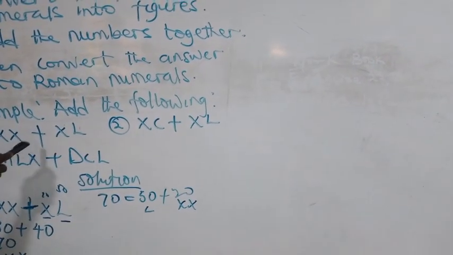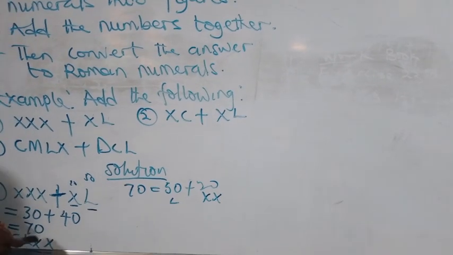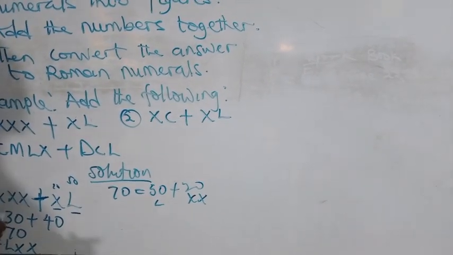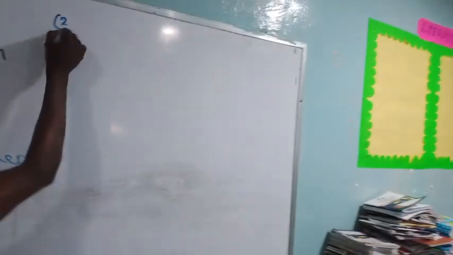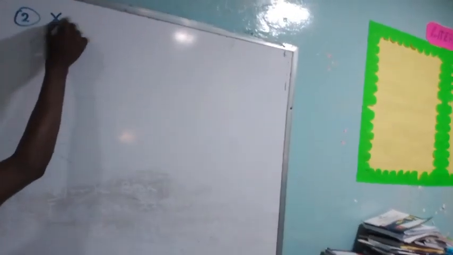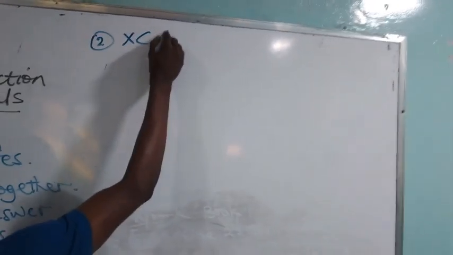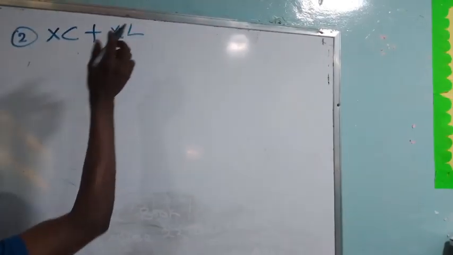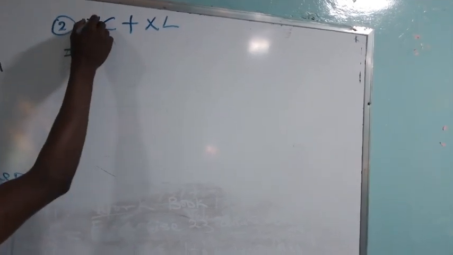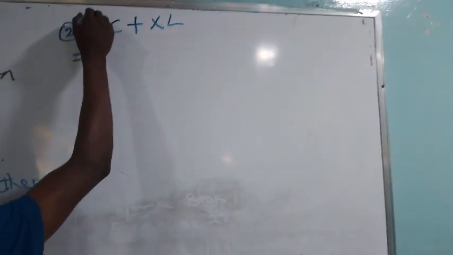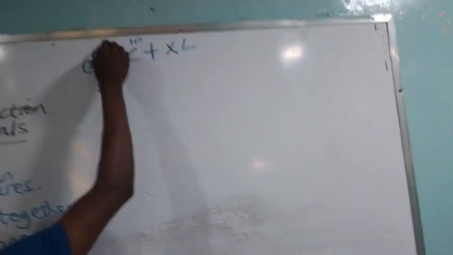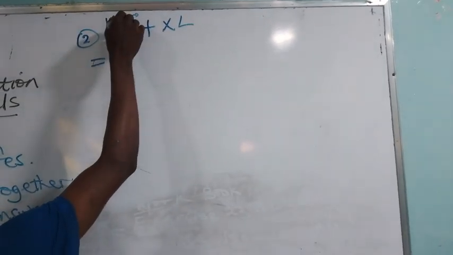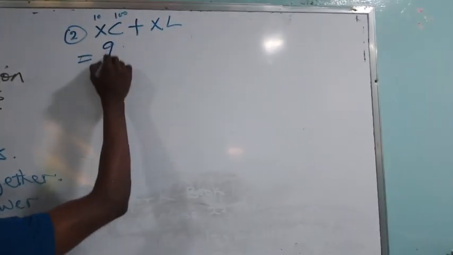That is how to add in Roman numeral. Let's consider the second question. We have XC plus XL. What is XC? X is 10, C is 100. So you have the smaller number before the bigger number. You take away 10 from 100, which gives us 90.